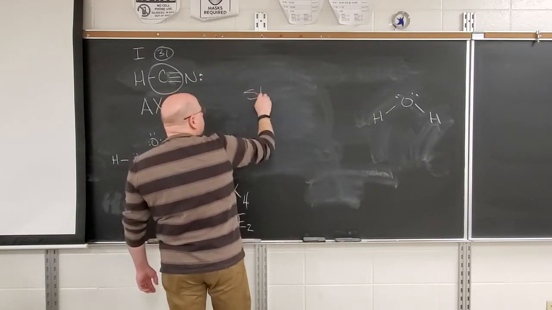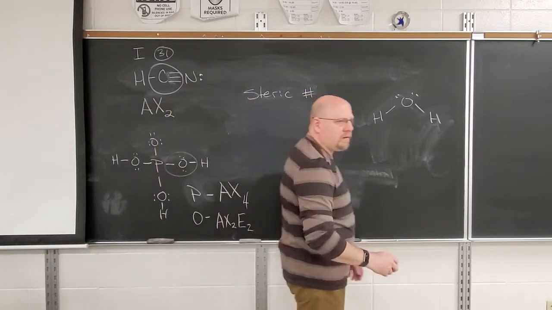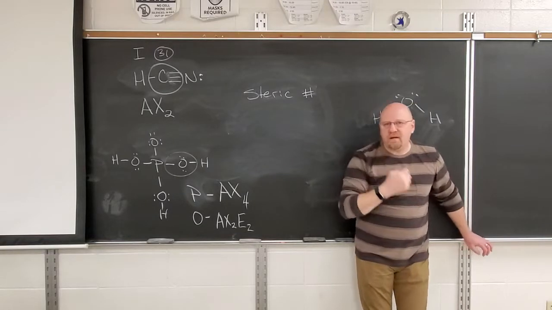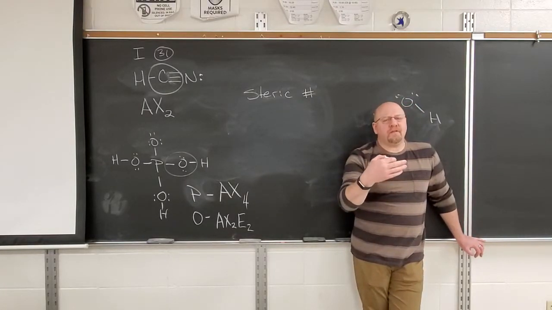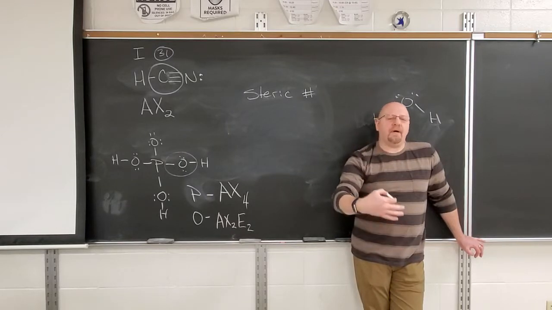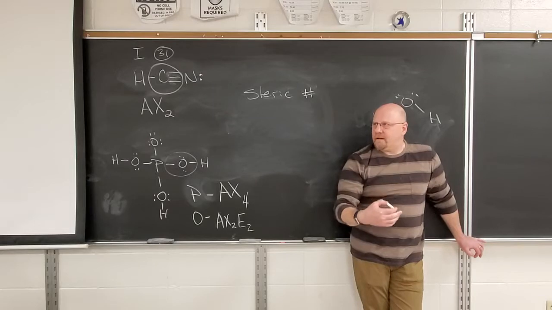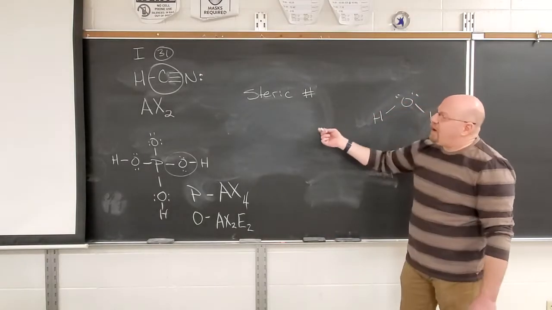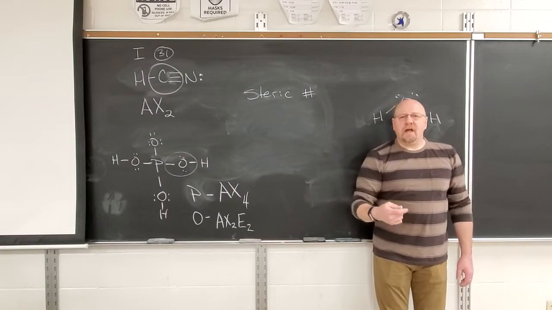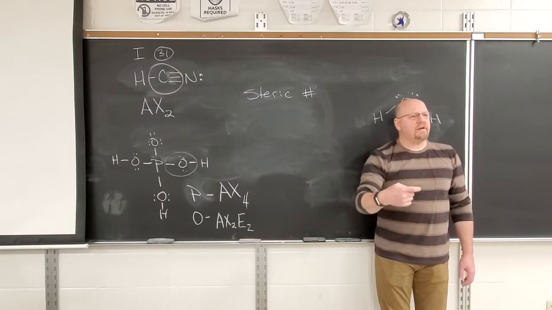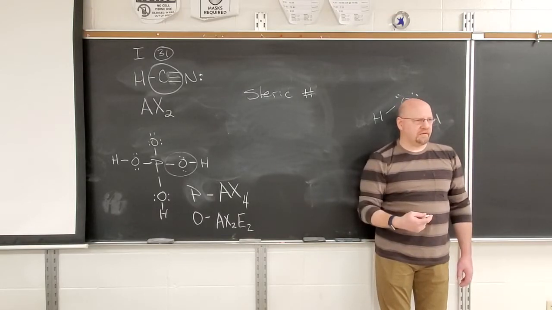A close relative to this is called steric number. And again, this is one of these things that we're setting up for material we're going to cover tomorrow. Okay? Steric number is basically the sum of the subscripts that you put in your VSEPR notation.